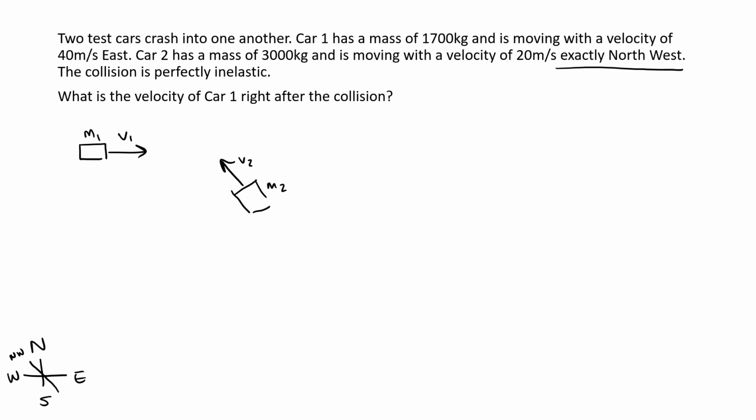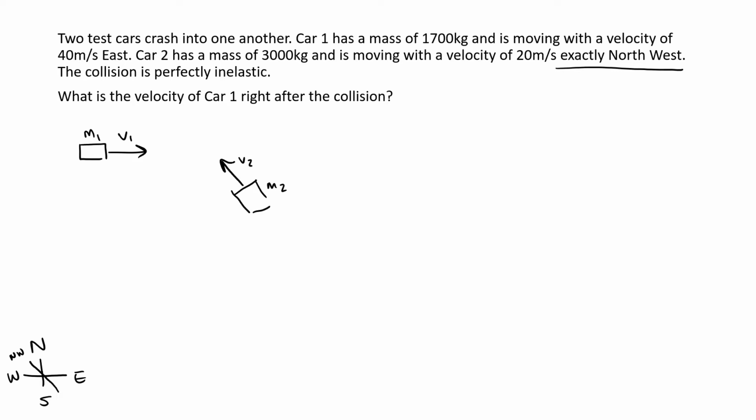So we have a very energetic impact between these two cars. What is the velocity of car 1 right after the collision? We have these two cars. One of them's going completely horizontal. One of them's going at an angle.